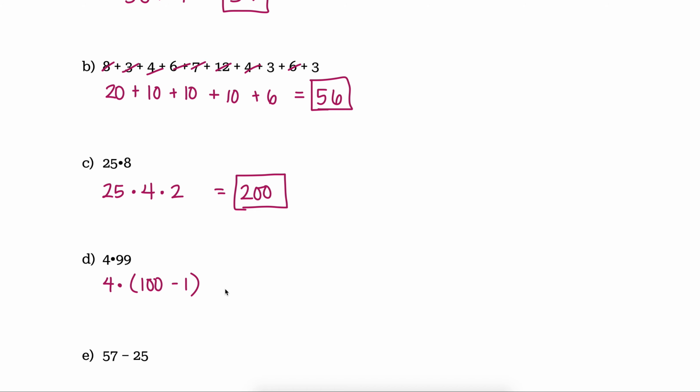This is 4 times 100 minus 4 times 1. So that's 400 minus 4, or 396. And a lot of times if you see people do arithmetic really quickly, especially in their heads, they're using several of these types of strategies.